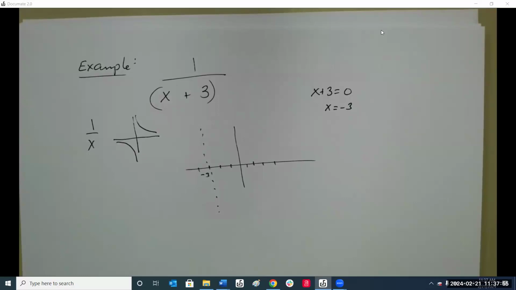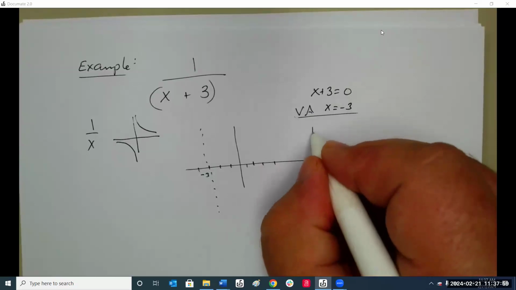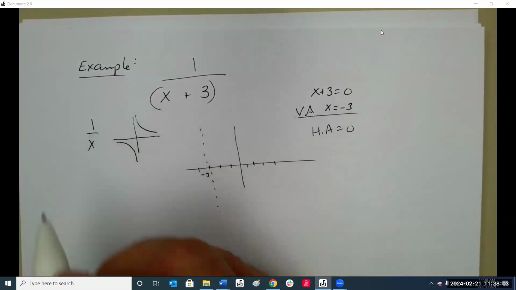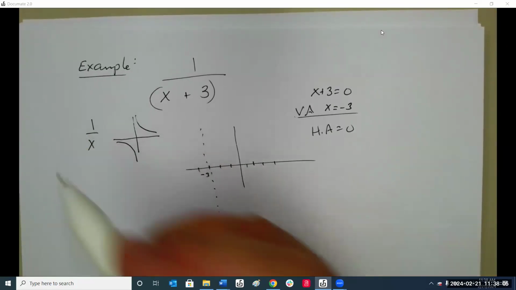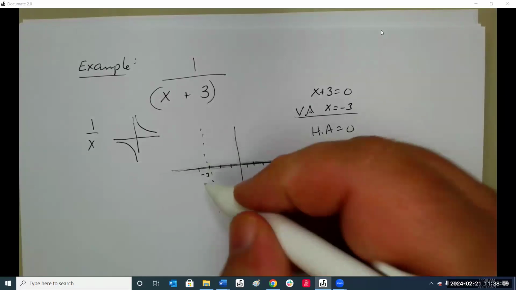Do we have a horizontal asymptote? The horizontal asymptote is 0, right? Because there are more x's on the bottom. As x goes to infinity, this function goes to 0. So we have a horizontal asymptote at the x-axis.